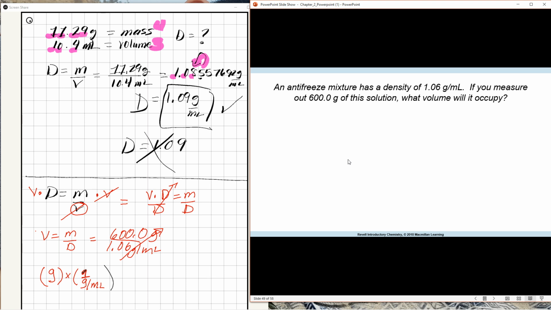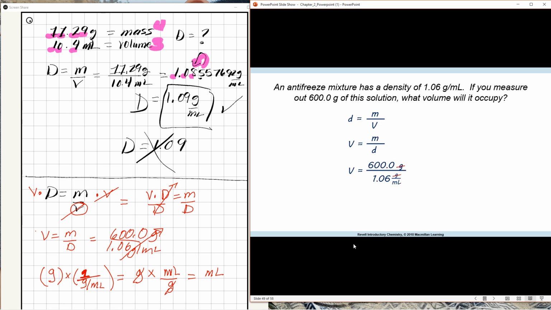This is the same as saying grams times milliliters per gram. Grams cancels out with grams, and you're left with milliliters. This only works because the 1 is on top of that, and if you go back and look at your multiplication rules, boom, bada bing, explained. If you can't remember it, just remember that little trick, and then you'd be able to see that right there.